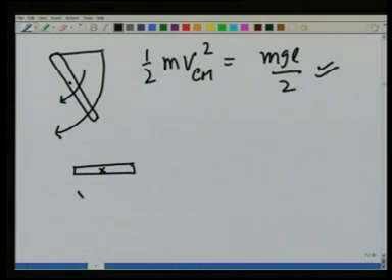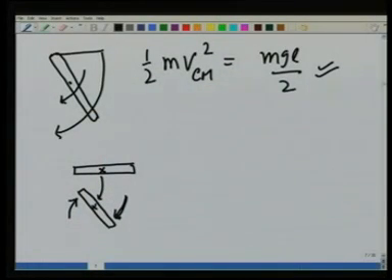When the rod comes in this position, not only has the center of mass moved, with respect to the center of mass, the body has also rotated like this. So, in coming down, the scale is performing two motions. The center of mass is moving, and the scale is changing its orientation with respect to an axis passing through the center of mass. It is rotating exactly by the same angle as it was rotating about O.